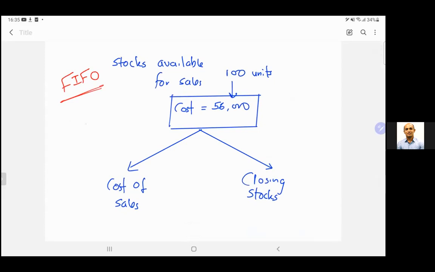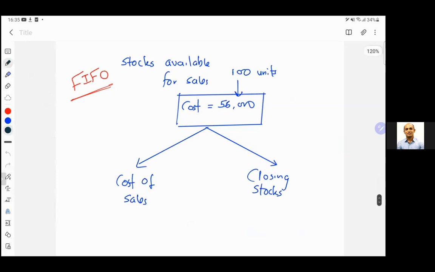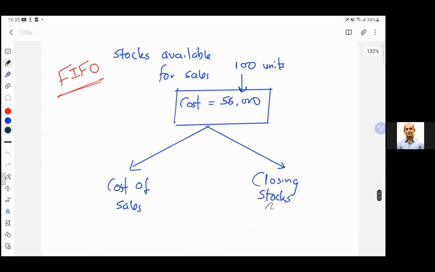Then closing stock is 70 units. So how much is its value? How much is its cost under FIFO basis?